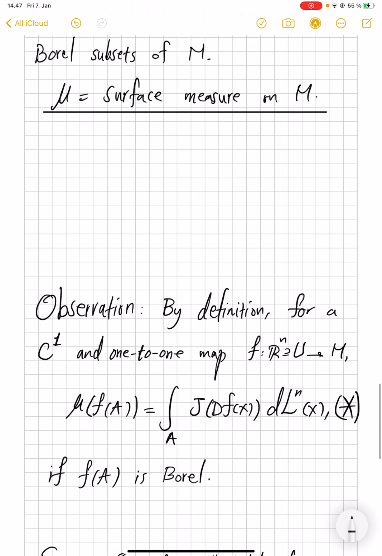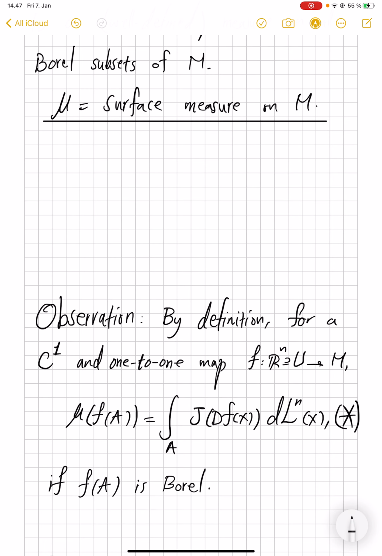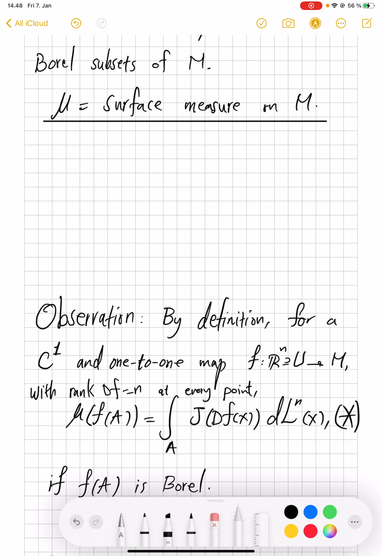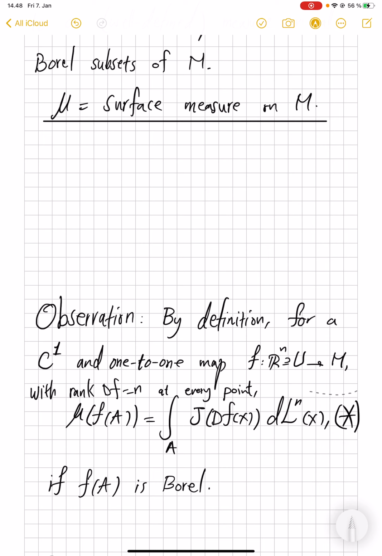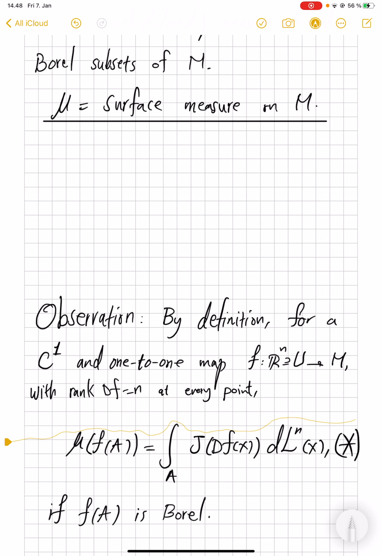Okay, so an observation. If F is now a C1 map and 1-to-1 with rank of derivative of F equal to n at every point, then F is a local parameterization, and therefore, by definition of mu, this star formula holds, provided with this technicality that the image of F be a Borel set.